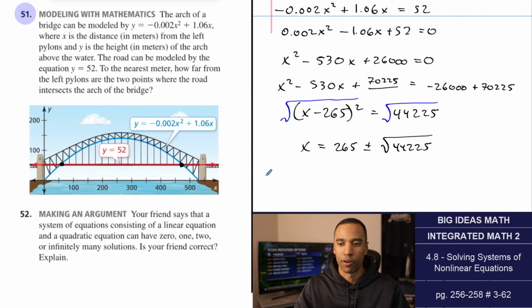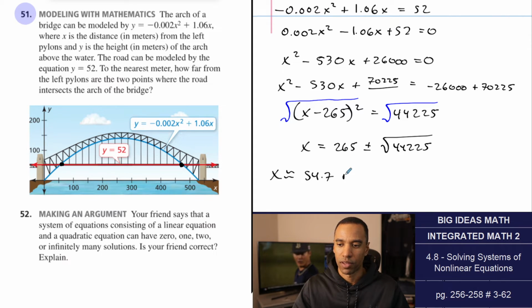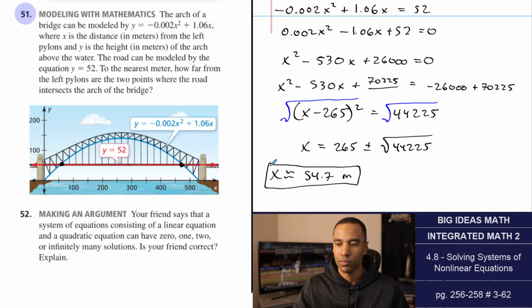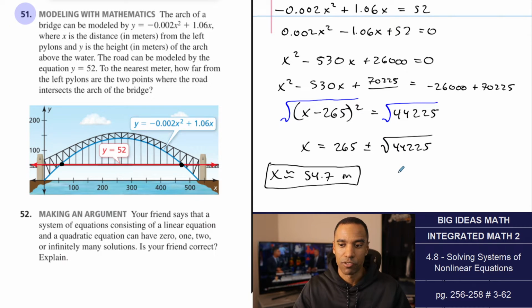When you do 265 minus it, it's around 54.7. Remember when I said it was between 50 and 60? This is in meters, so it's about this many meters from the left pylon. And then the right point, 265 plus the square root of 44,225, is around 475.3 meters.